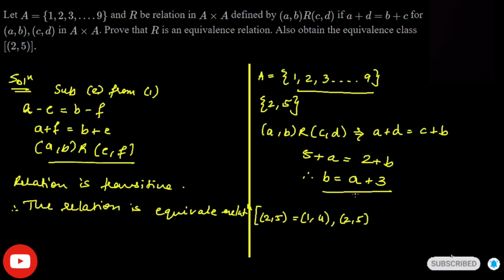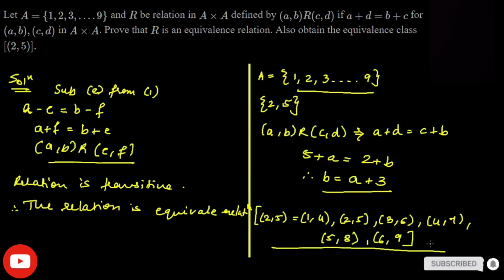Similarly, substituting a as 3, we get b as 6, so it becomes (3, 6). And going on till b reaches 9, if we substitute the value of a as 6, we get b as 9. So the limit for a is 6; a can move only till 6. So we get (1, 4), (2, 5), (3, 6), (4, 7), (5, 8) and (6, 9). So this is the equivalence class under relation R.